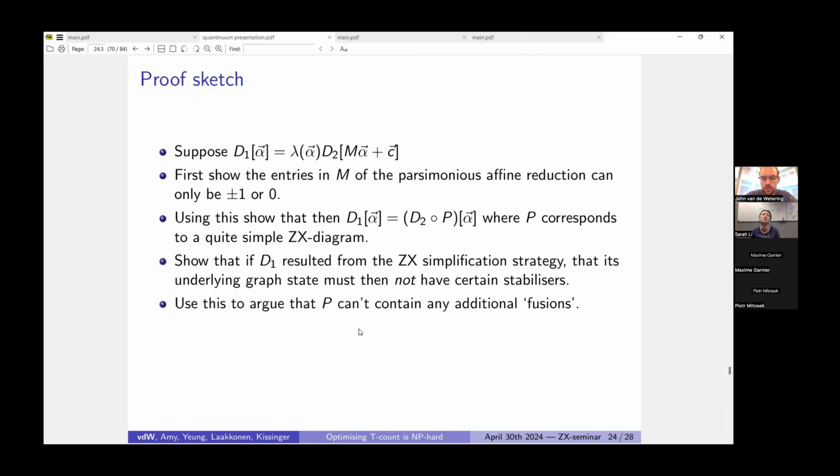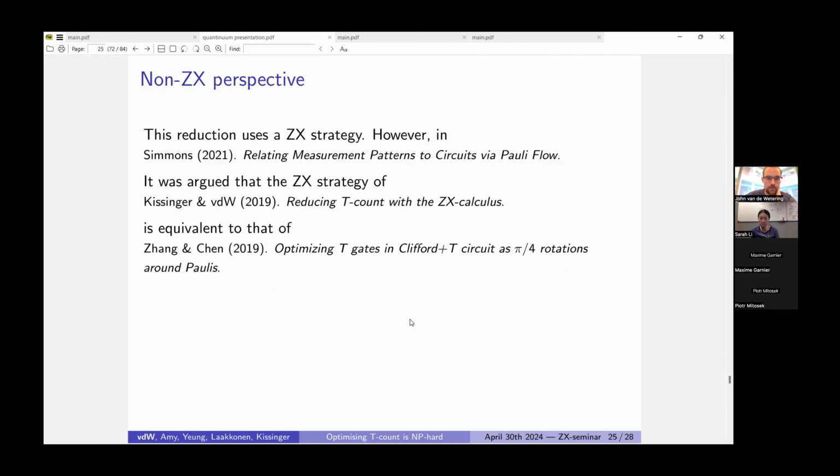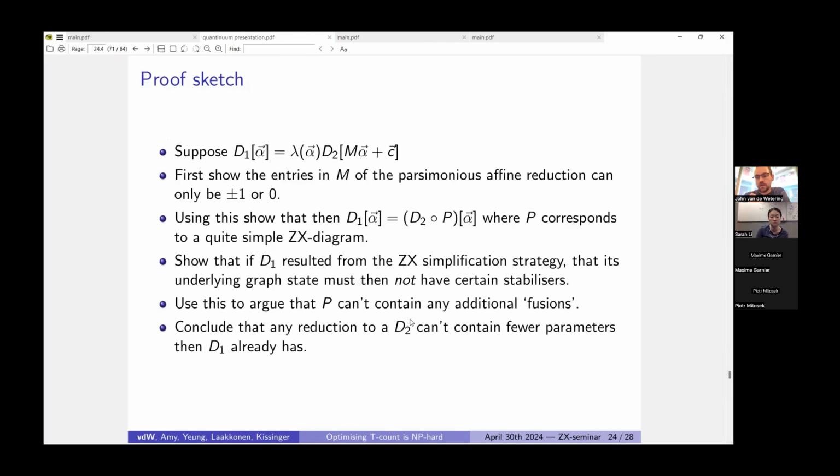Using that, we can argue that P can't contain additional fusions, so it can't be that P allows you to fuse additional spiders. And then we can conclude that any reduction to D2 can't contain fewer parameters than D1 already has, because P is not fusing anything additionally. And so that is showing that this algorithm is in fact optimal.